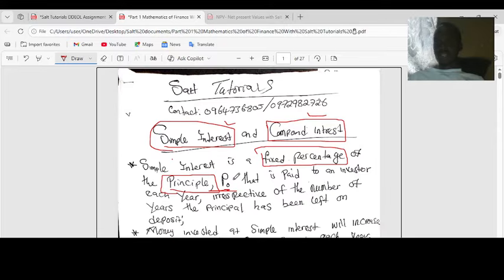We can relate this to investment or to borrowing. If you are investing so that you can yield a certain profit, maybe in investment companies or in banks, say you have 500 kwacha and you put it in a bank. You expect that 500 kwacha to accumulate interest.